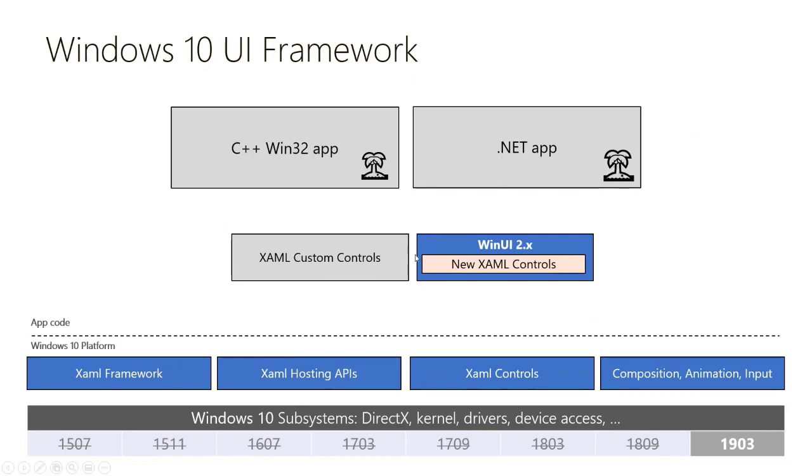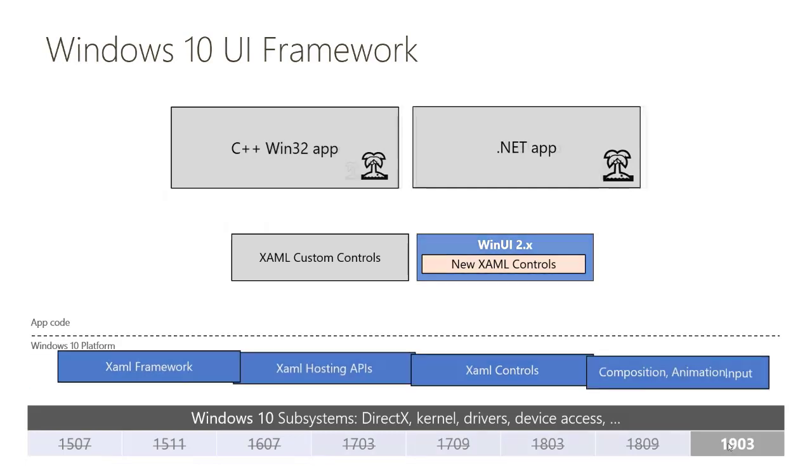You can build your own controls. You can use WinUI 2, which is a bunch of controls provided by the community toolkit and other stuff. But underlying, we use the Windows 10 XAML platform to display the controls, to provide animation and everything. And we are tied to the latest 1903 version, starting from this version and later.